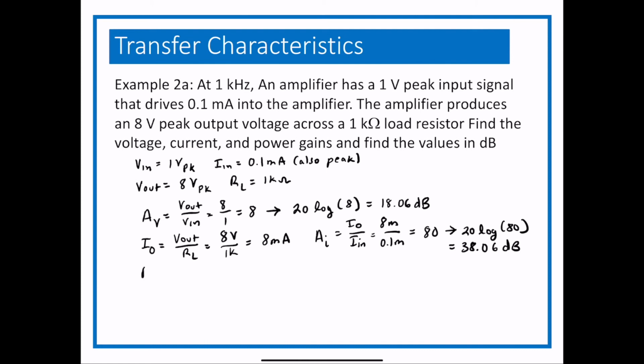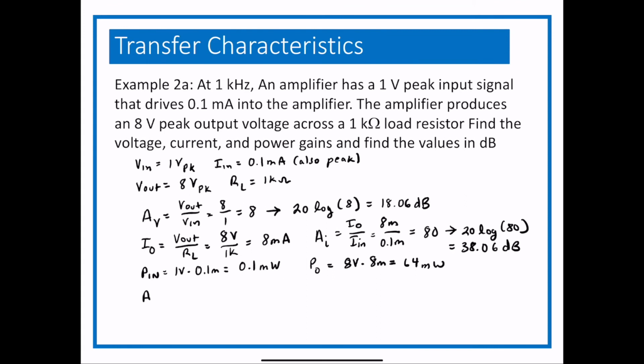The power in, to find the power gain, is going to be 1 volt times 0.1 milliamps. So that's going to give us 0.1 milliwatts. And the power out is going to be 8 volts times 8 milliamps, which is 64, sorry, milliwatts.